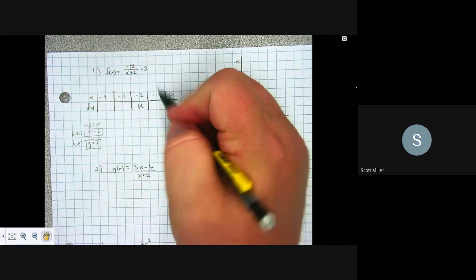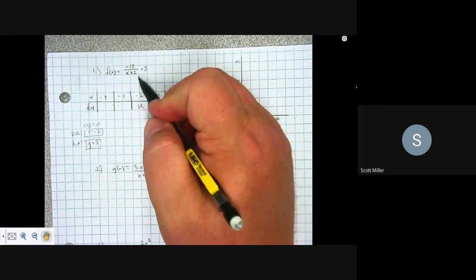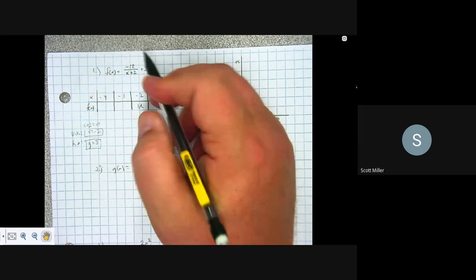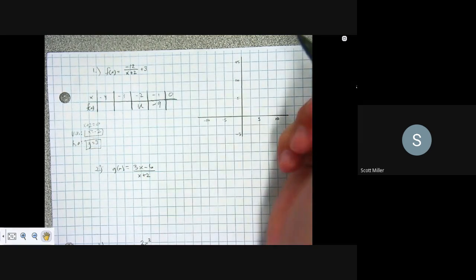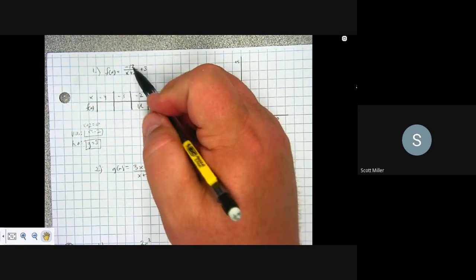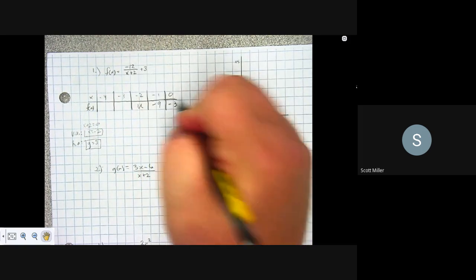If I plug in a negative 1 right here, I'm going to get a 1 on the bottom. So this gives me a negative 12 plus 3, which is a negative 9. If I plug in 0 here, I'm going to get negative 12 over 2, which is negative 6, and negative 6 plus 3 is negative 3.